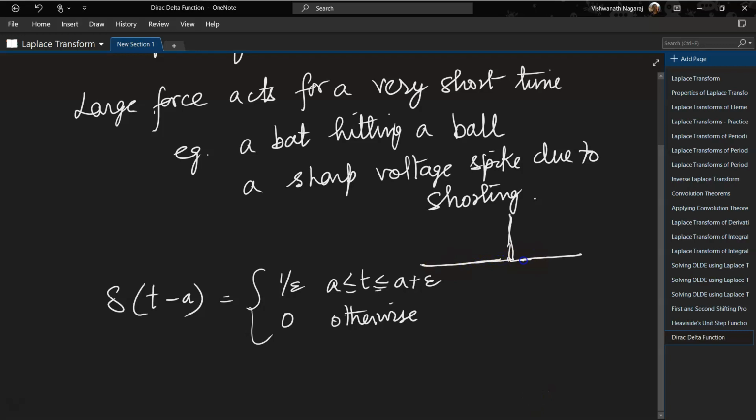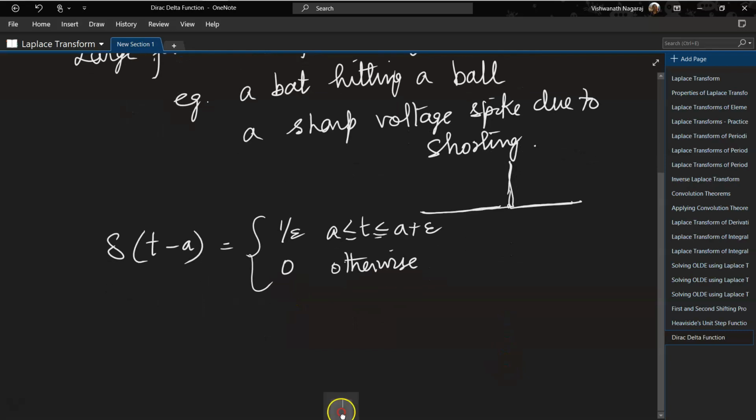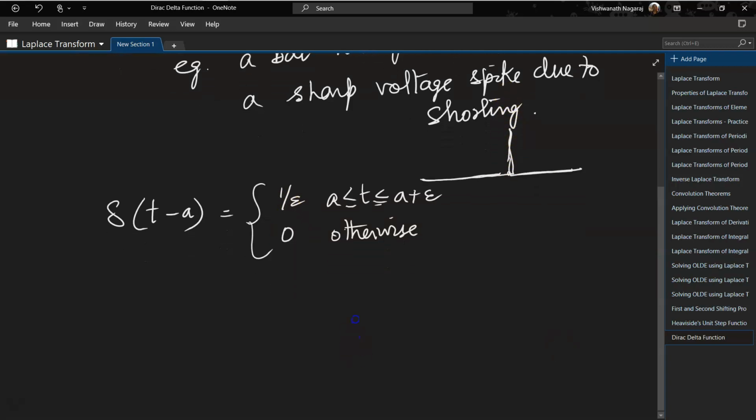So here it is all 0, but here it is 1 by epsilon. As you can guess, as epsilon becomes smaller and smaller, this spike goes higher and higher, so it tends to infinity as epsilon goes to 0.